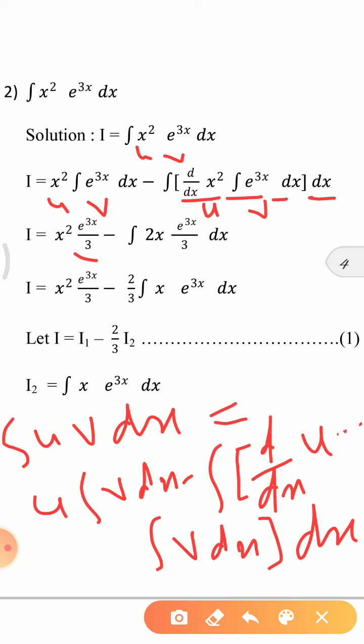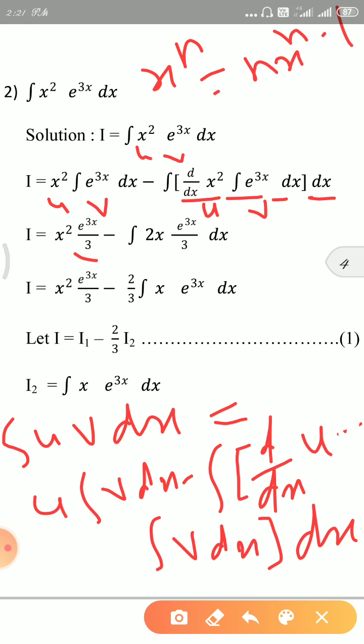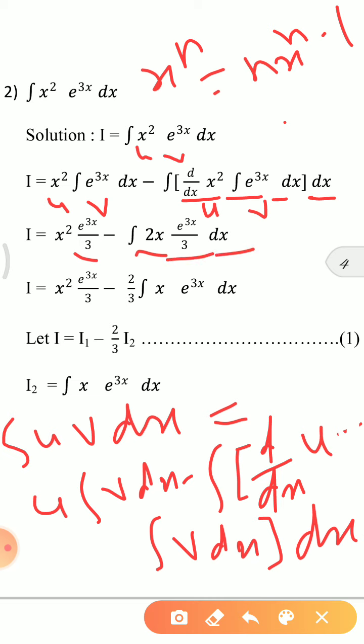We apply x raised to n, that is n x raised to n minus 1, that is 2x raised to 2 minus 1, that is 2x. That means derivative of x square is 2x, and integration of e raised to 3x is e raised to 3x upon 3 dx here. Then this is x square e raised to 3x upon 3 as it is, minus this 2 by 3 outside the integral, it is a constant, remaining integral x into e raised to 3x dx.